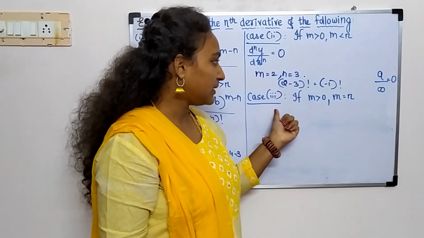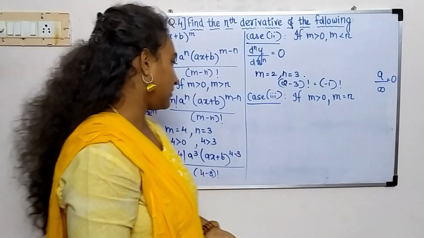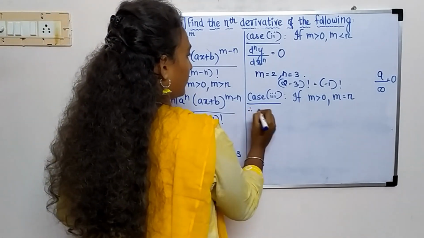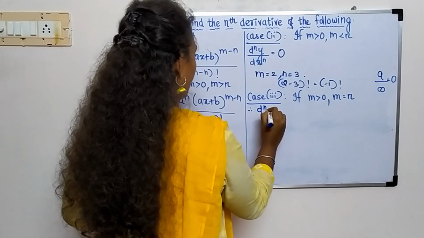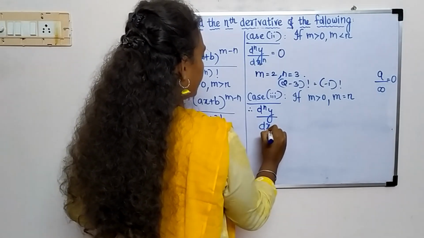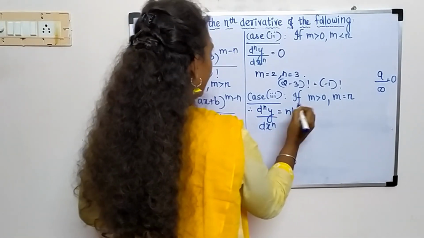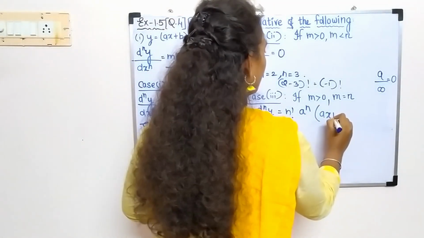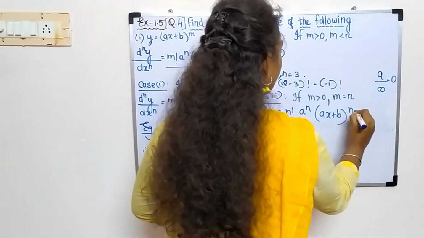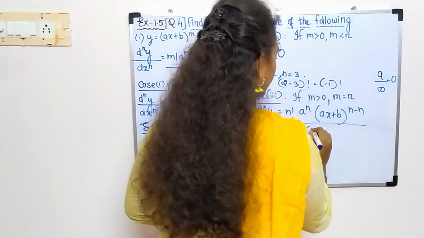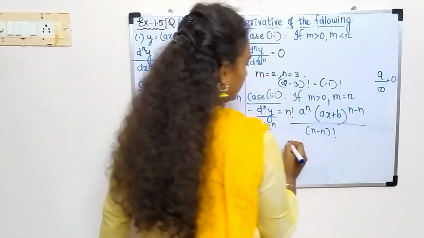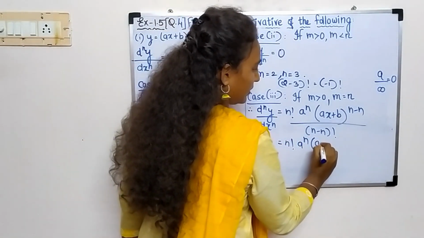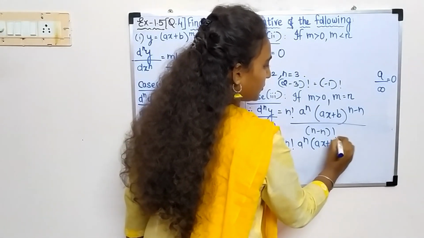Now come to case number 3. We have m equal to n. So in place of m, substitute n. Therefore, d raised to n y upon dx raised to n is equal to n factorial a raised to n times (ax plus b) raised to n minus n, upon n minus n factorial. This is equal to n factorial a raised to n times (ax plus b) raised to 0.